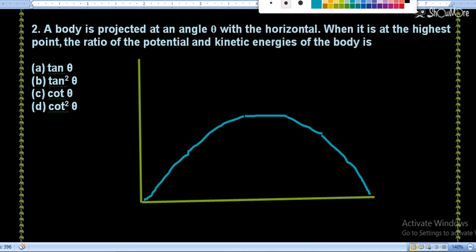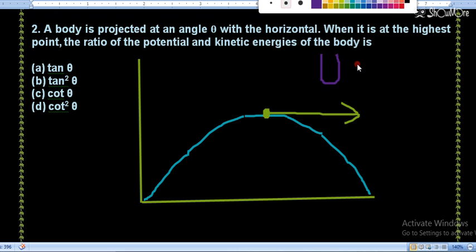So now students, when the body is at the highest point, it has only the horizontal component of velocity. The vertical component becomes zero at the highest point, because the body is not going upward, nor coming downward. That means only the horizontal component will be there.